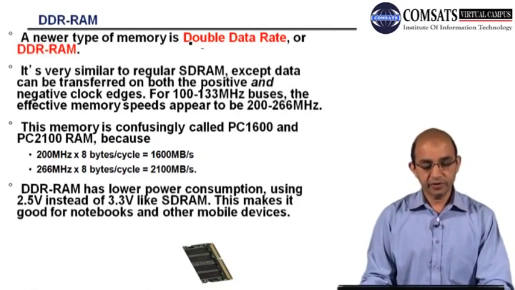Similarly, we have the same sort of speeds, 100 and 133 megahertz buses. Another difference is that it consumes less power compared to SDRAM. SDRAM operates at 3.3 volts, while for this we have 2.5 volts.